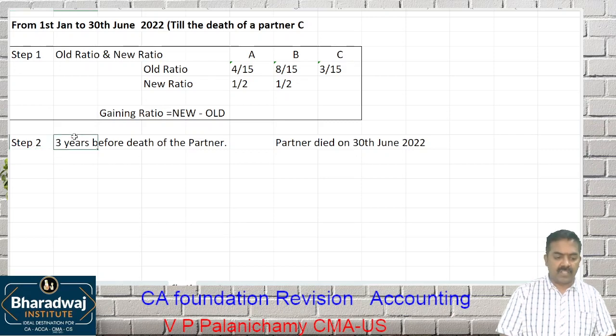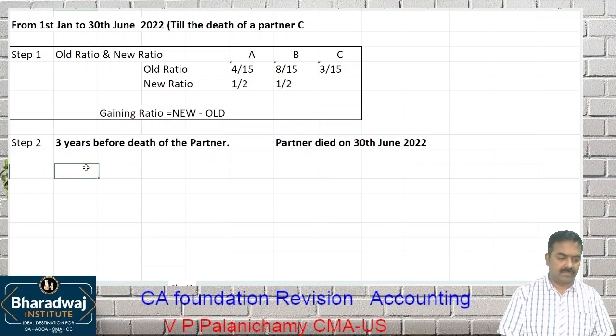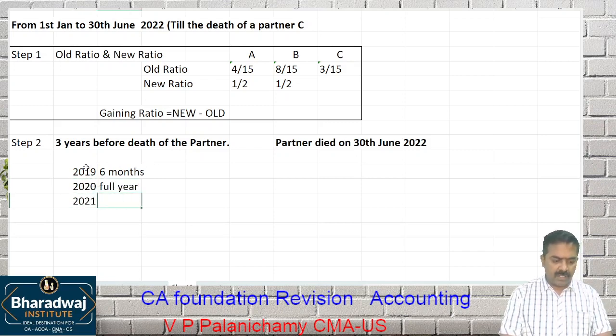So for this, we have to take 3 years. How should we take 3 years? 2019, you have to take 6 months. 2020, full year. 2021, full year. 2022, 6 months you have to take.